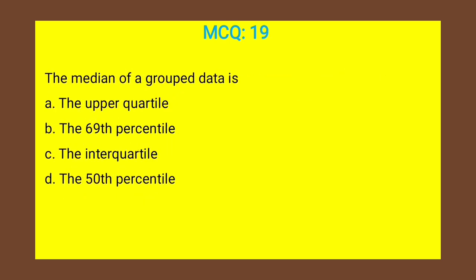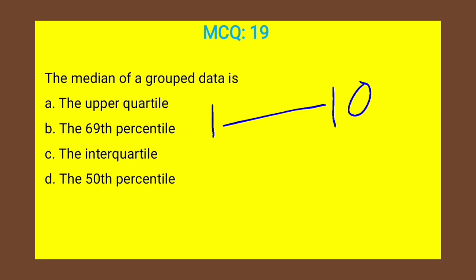Question 19. The median of a group data is... To find the median of a group data, we said median, we are talking about a value that is a center that divides the data into two equal parts. That's what we call a median, the middle value that divides the data into two equal parts. So if I have a set of data consisting of, let's say, 1 to 10, and I want to find the middle value of that data, then it's going to be 5.